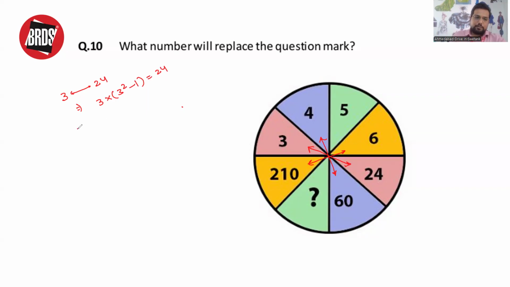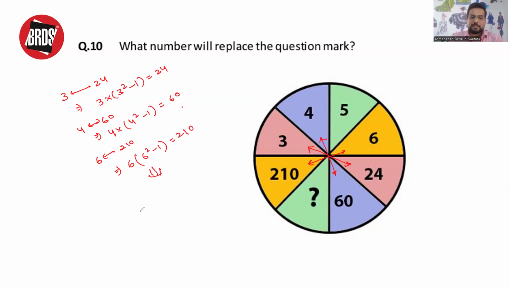Similarly, between 4 and 60, 4 into 4 square minus 1 is 60. Same way, between 6 and 210, 6 into 6 square minus 1 is 210.